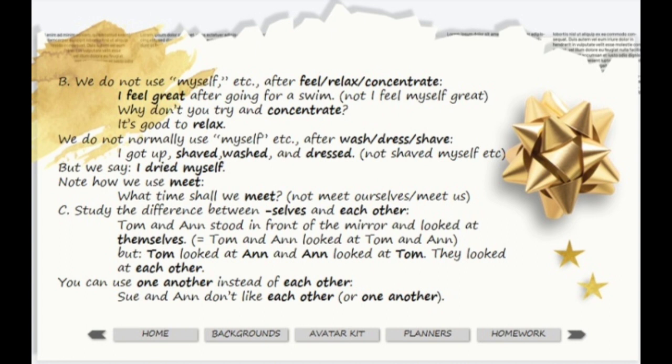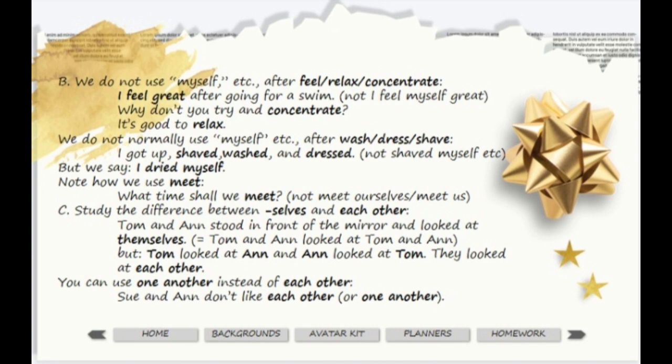So we do not normally use myself and etc. after wash, dress, shave. For example, I got up, shaved, washed, and dressed. It means not shaved myself and etc. But we say, I treat myself. Note how we use meet. What time shall we meet? It means not meet ourselves or meet us.